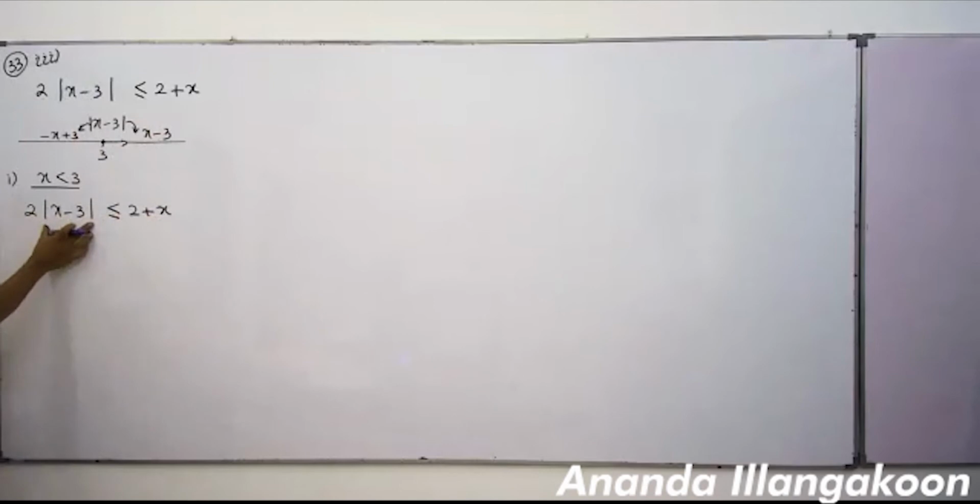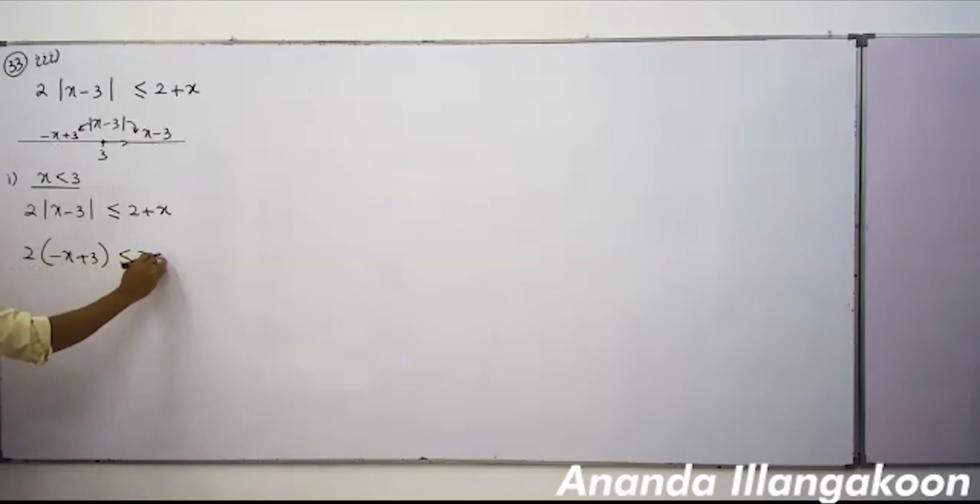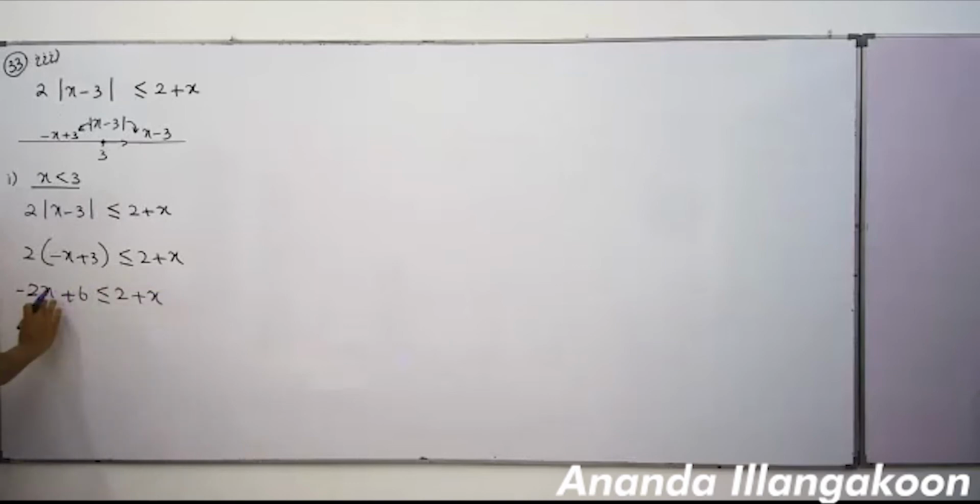This takes on the left of 3, minus 2x plus 6, less than or equal to 2 plus x. 2x plus 6, 2 plus x takes to this side, 4, here 3x. This gives us x greater than or equal to 4 by 3.